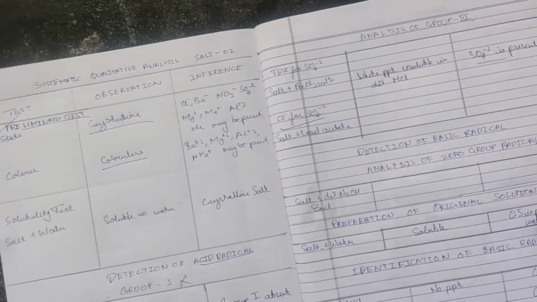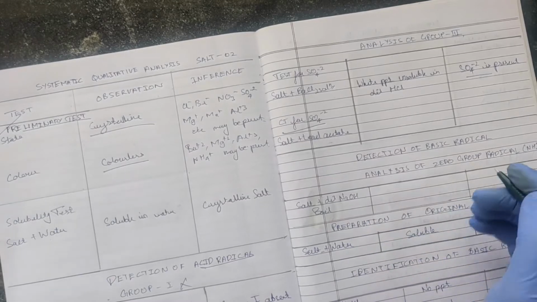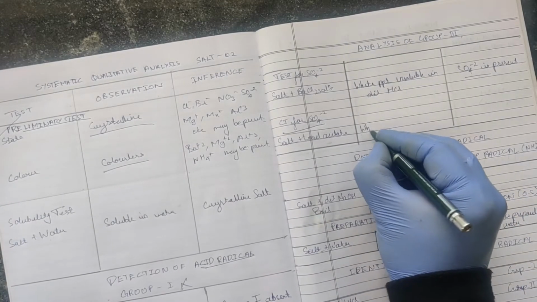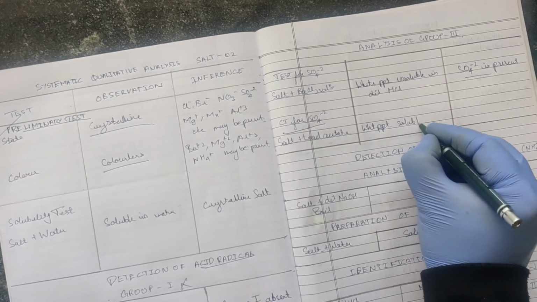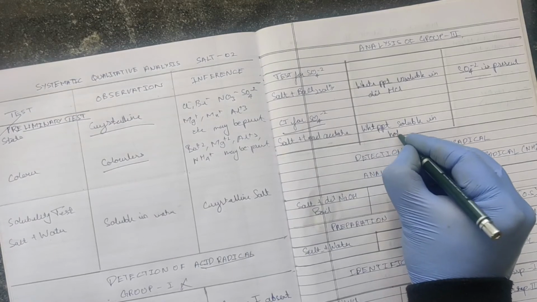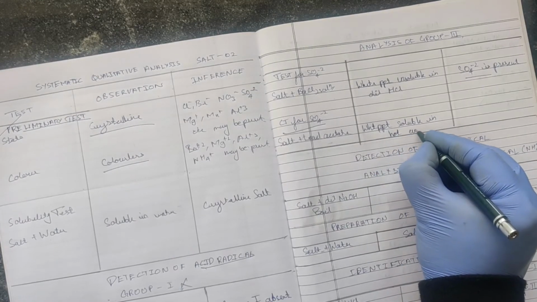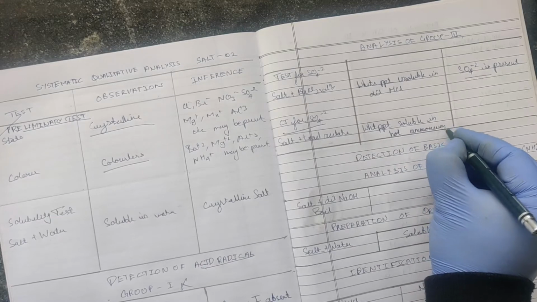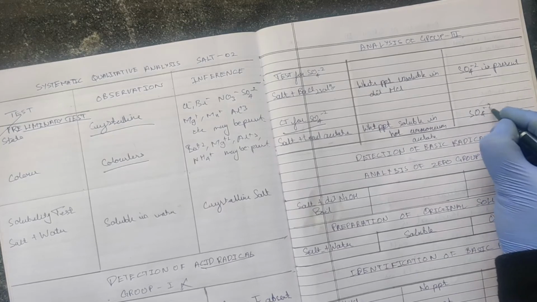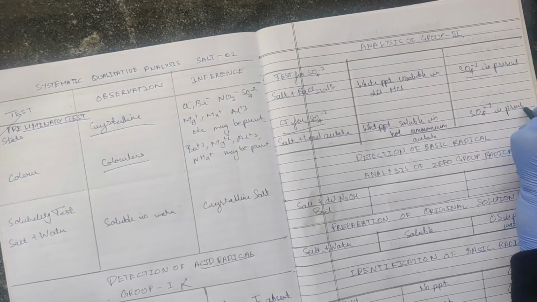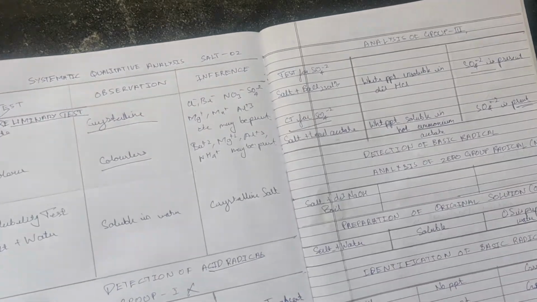So from this I can conclude, going back to my journals, okay? From this I can conclude that white precipitate soluble in hot ammonium acetate, so SO4 minus 2 is present, right?